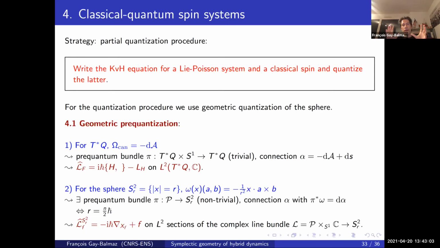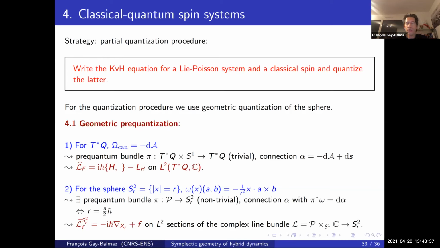We consider a KVH equation for some Lie-Poisson system, like a rigid body, coupled to a classical spin, for instance, Hamiltonian dynamics on a sphere. And we quantize the classical spin using geometric quantization, which is a very well-known, very well-studied mathematical process to associate some quantum dynamics to some given classical system.